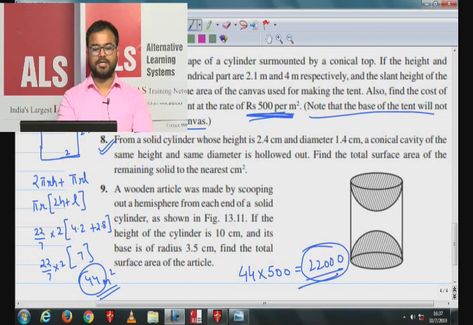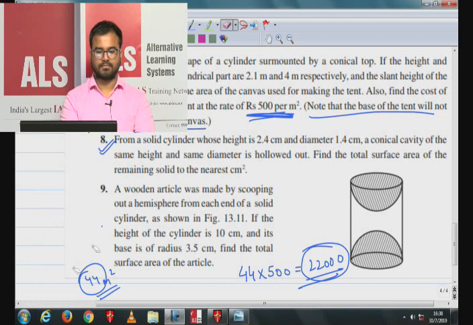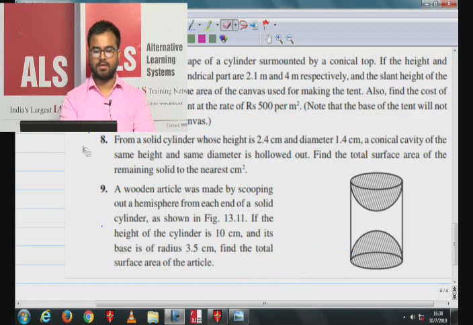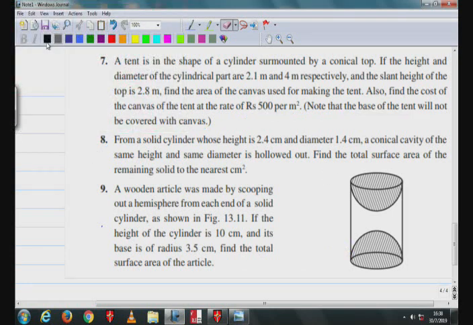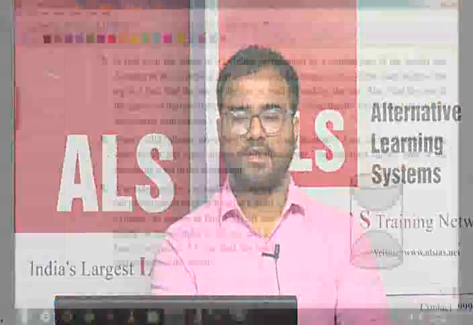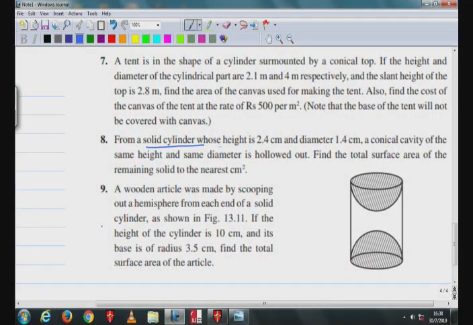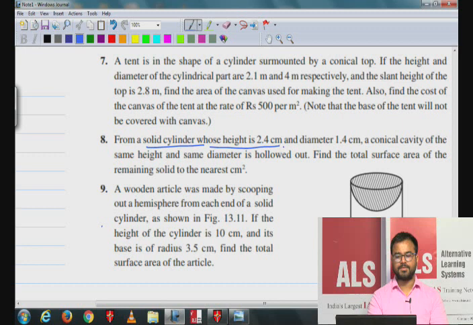Okay, let's do question number 8 then, if you don't have any doubt in this one. Now question number 8 says, from a solid cylinder whose height is 2.4 centimeter and diameter is 1.4 centimeter, a conical cavity of the same height and diameter is hollowed out.